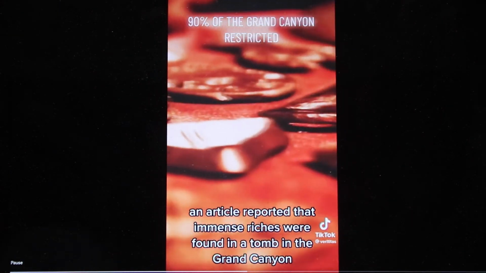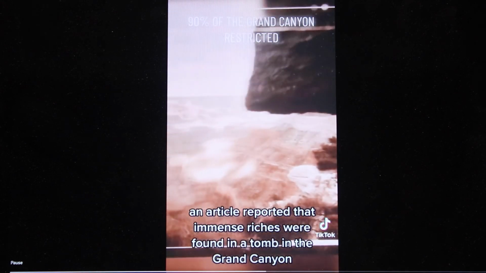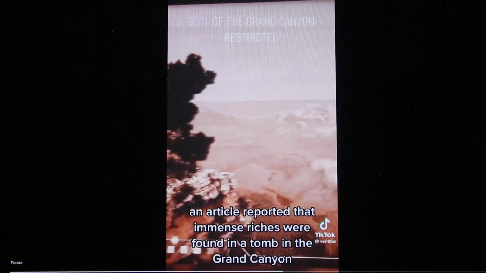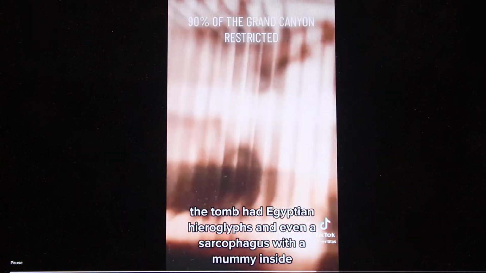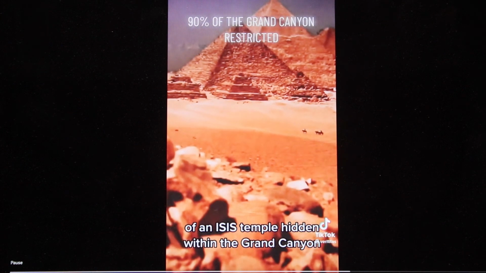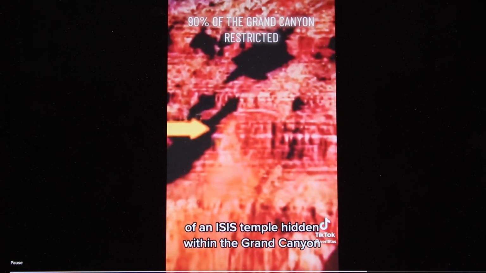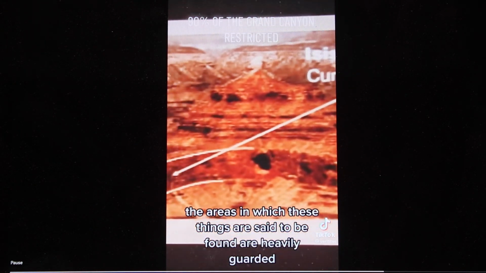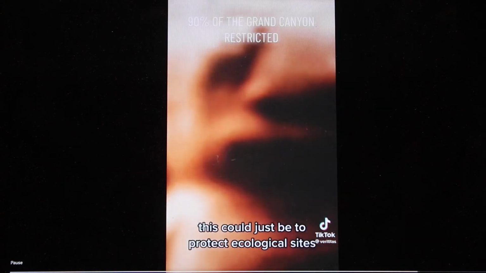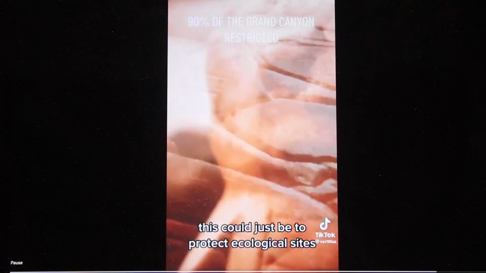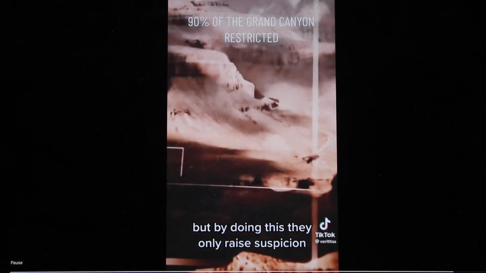An article reported that immense riches were found in a tomb in the Grand Canyon. The tomb had Egyptian hieroglyphs and even a sarcophagus with a mummy inside. There are also decades-old rumors of an Isis temple hidden within the Grand Canyon. The areas in which these things are said to be found are heavily guarded. Why are they guarding them? This could just be to protect ecological sites, but by doing this, they only raise suspicion.